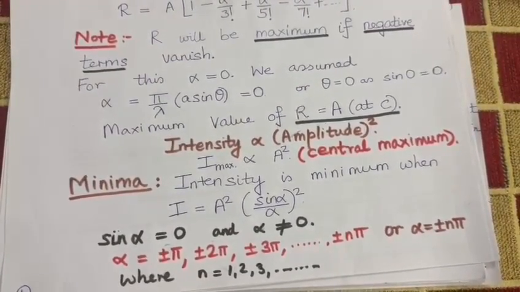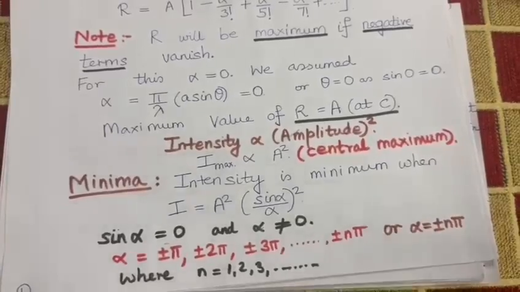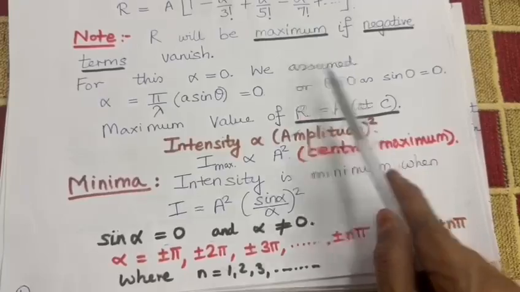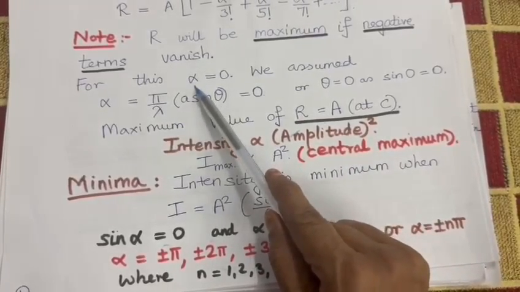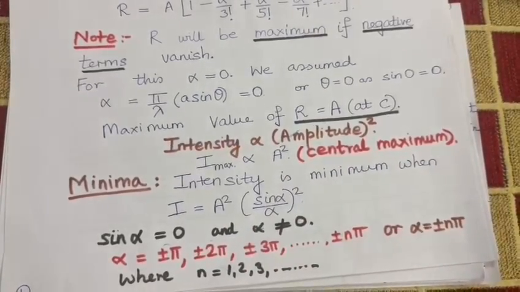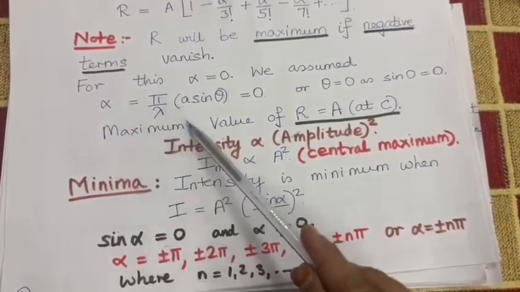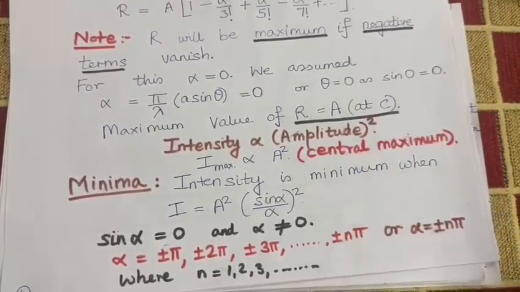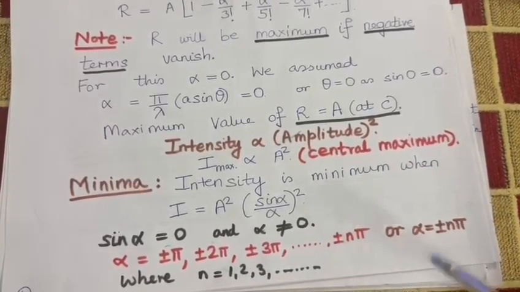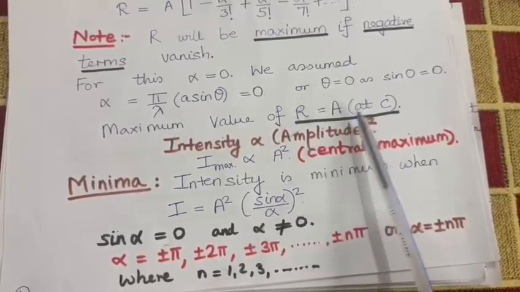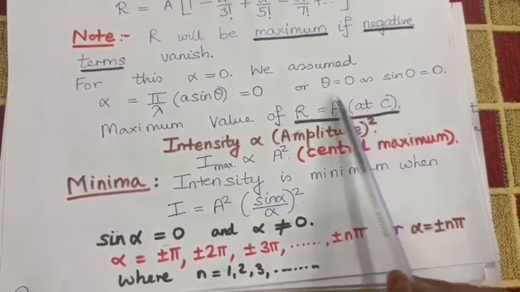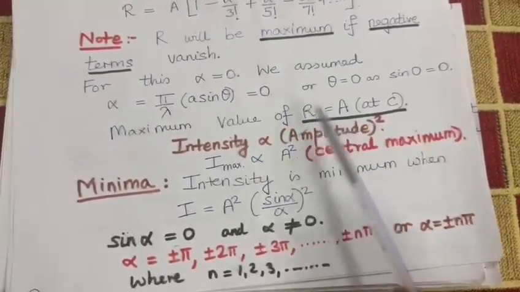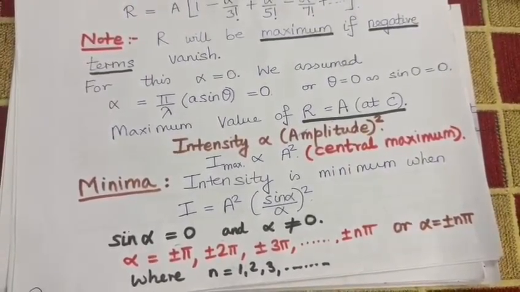R will be maximum if negative terms vanish in this equation, and alpha will be 0. And alpha, what had we assumed in the beginning? We had assumed alpha equal to pi by lambda A sine theta. That becomes equal to 0, or theta is 0, or sine 0 becomes equal to 0. So the maximum value of R at the center is A. This gives us the position of the central maxima for the single slit diffraction pattern.